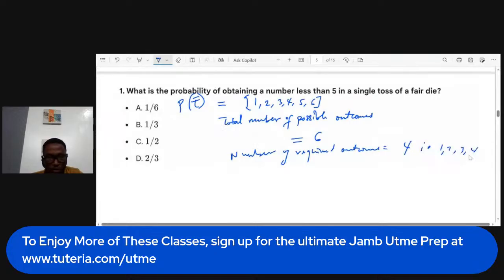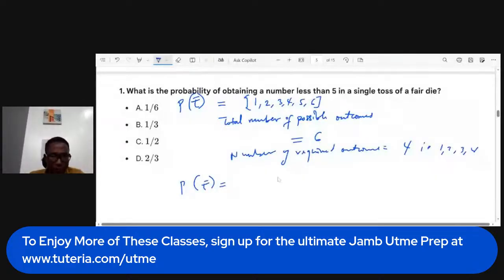The probability of obtaining a number less than 5 in a single toss of a fair die. Now, a single toss. Always take note of what you are given in the exam. If you are not given something contrary, please don't assume. There's no need to assume in your JAMB. Don't assume that they are talking about two dice. What you are given is what you should use.